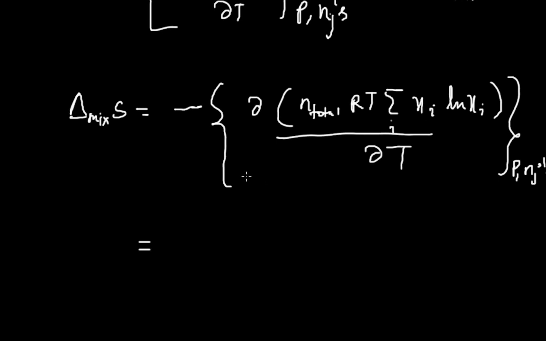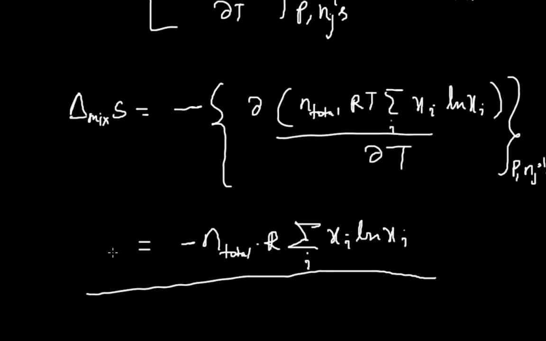If you differentiate that with respect to T, what you end up getting is minus n total R times the sum of xi ln xi. The T gets cancelled. So this is your change in entropy on mixing.